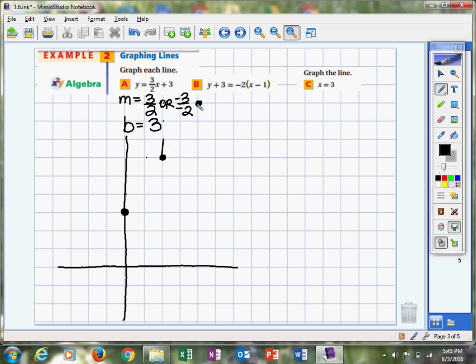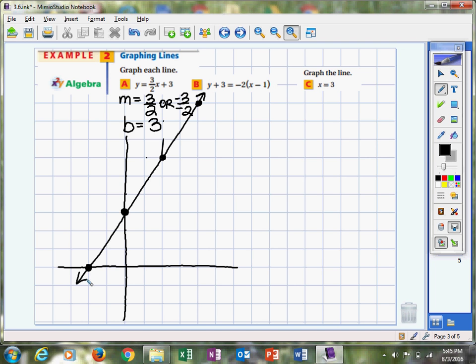Or you could go down 3. 1, 2, 3, left 2, 1, 2. As you can see, it's clearly a straight line, and my trick is don't look at your pencil tip, look where you're trying to go when you draw your line. Just look at your destination, not where you are right at that second. Don't look at the pencil tip because you end up getting offline if you do that.